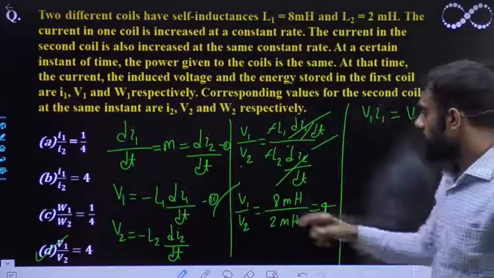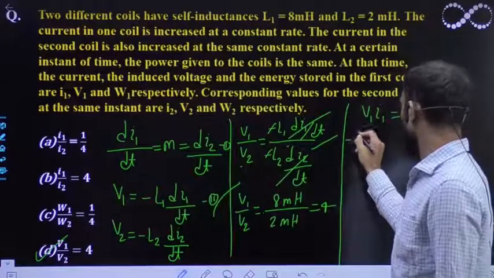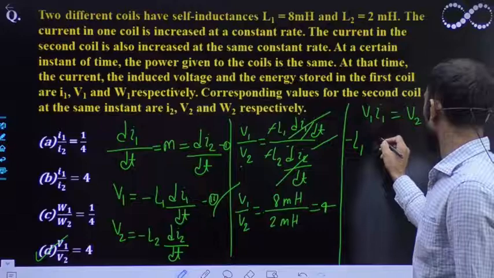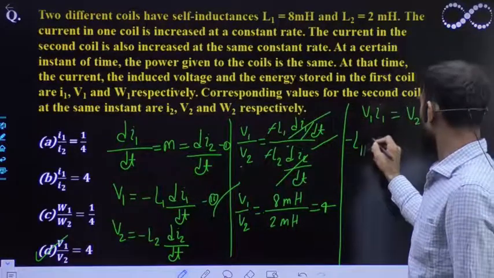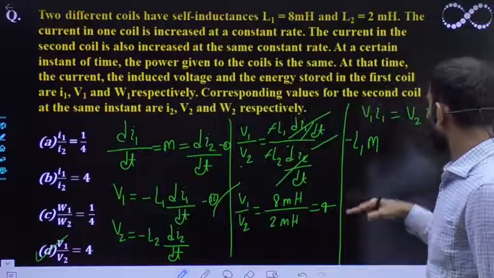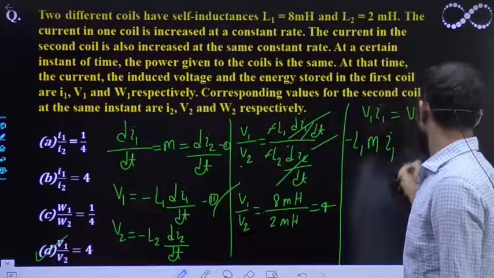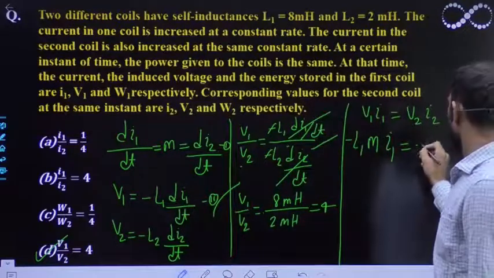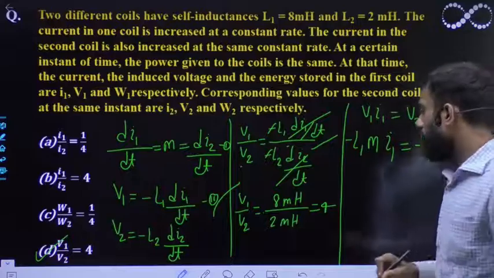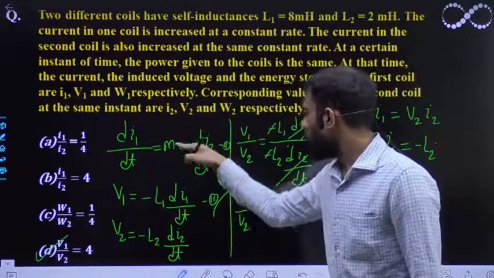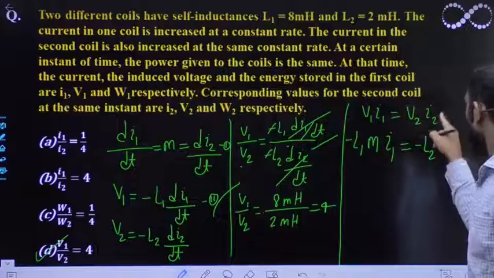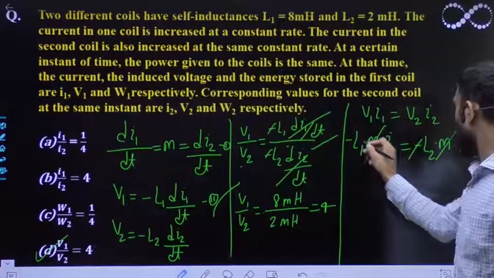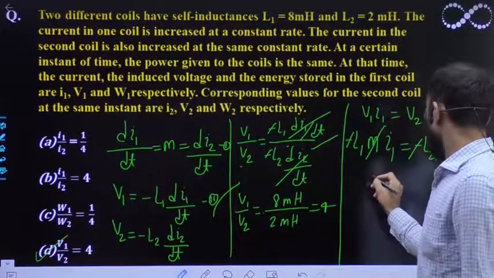V1 is minus L1 dI1 upon dt, and dI1 upon dt is nothing but M, so this becomes M, and I1 is I1 only. V2 is minus L2 dI2 upon dt, and dI2 upon dt is nothing but M, so I can put here M, and I2 is also there. So M will cancel out, minus minus will cancel out.